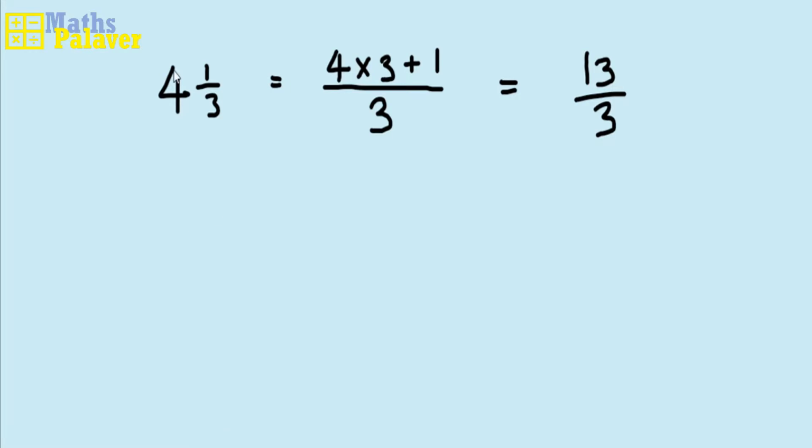So let's try that. The whole number times the bottom number plus the top number, and all that over the bottom number. So could you use that method to work out this?